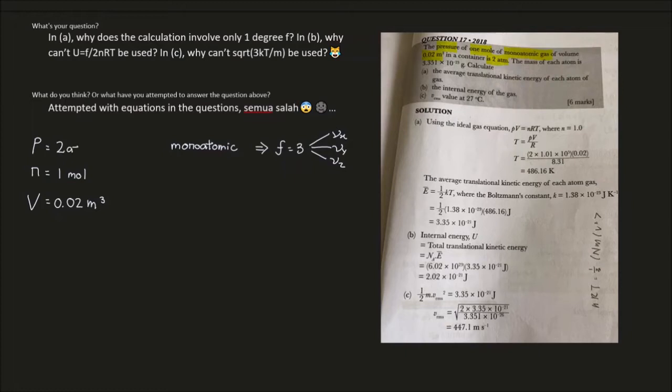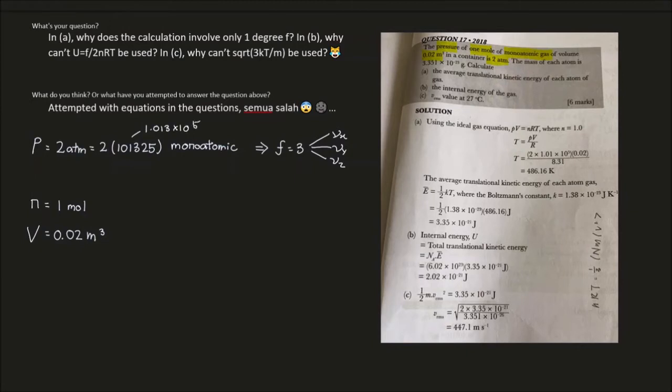So 2 atm, if you multiply it 2 times, I usually take 101325, but in actual exam situation, what you need to take is the constant that is in your constant sheet in front of your exam paper. Okay, if I'm not mistaken, it should be 1.013 times 10 to the power of 5.